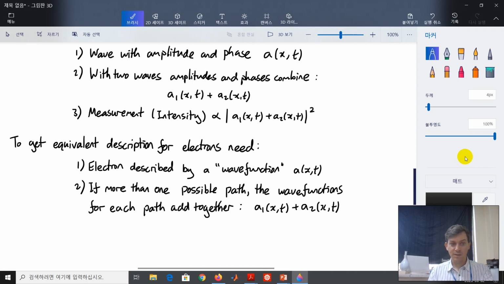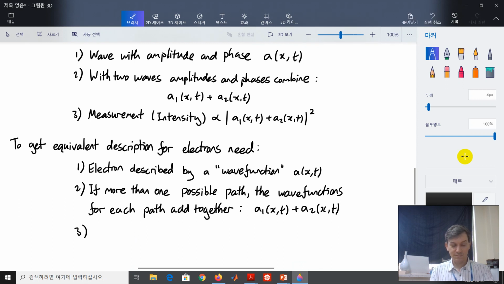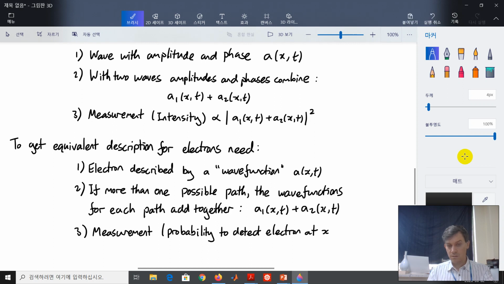And finally, number 3, the thing we measure, which is now the probability to find the electron, is P. So in the case of 1, 2, P12(x,t), this is equal to the absolute value of these two wave functions added together squared.